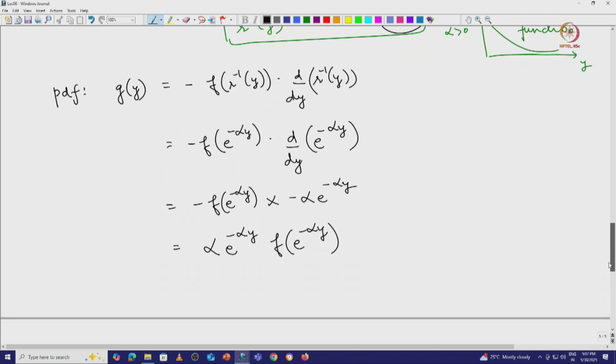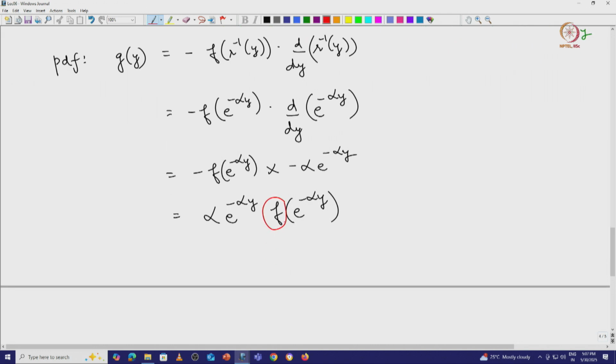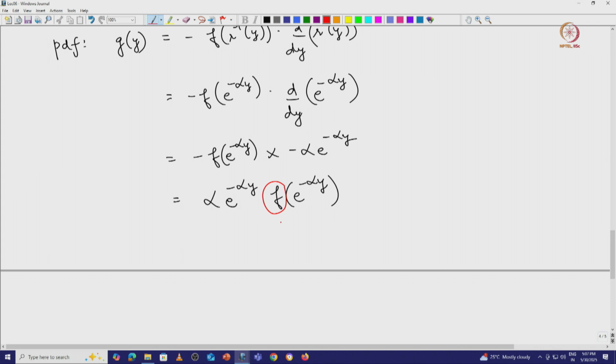So to proceed forward, we simply have to substitute the value of f here, and we know what f is. If you remember clearly, f is the probability density function of the uniform distribution. So that is 1 if x is between 0 and 1 and it is 0 otherwise.